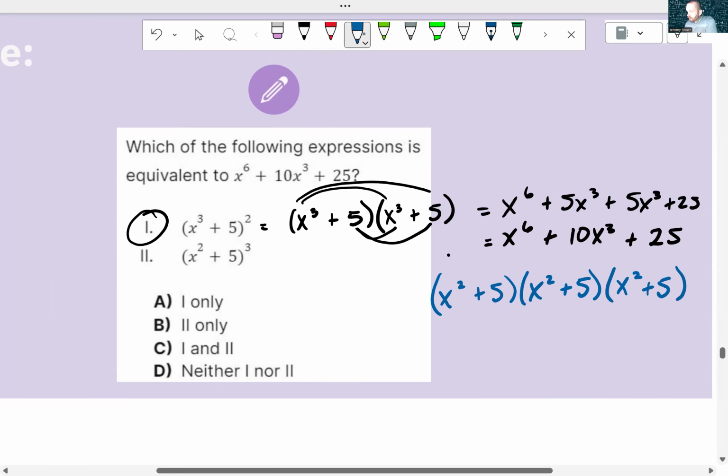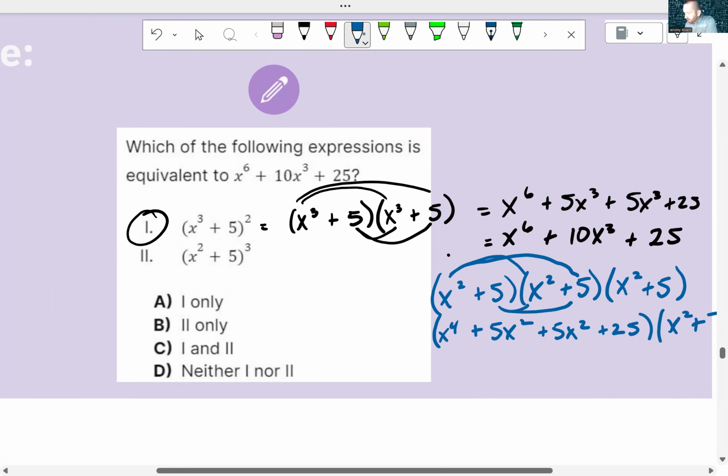Okay, so now we're going to do the same thing. That's x to the 4th, plus 5x squared, again plus 5x squared, and then plus 25. And we haven't done anything with this third binomial.